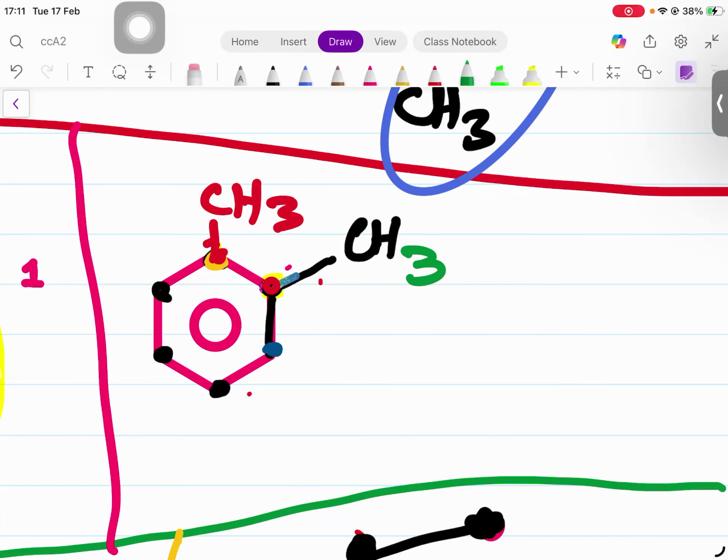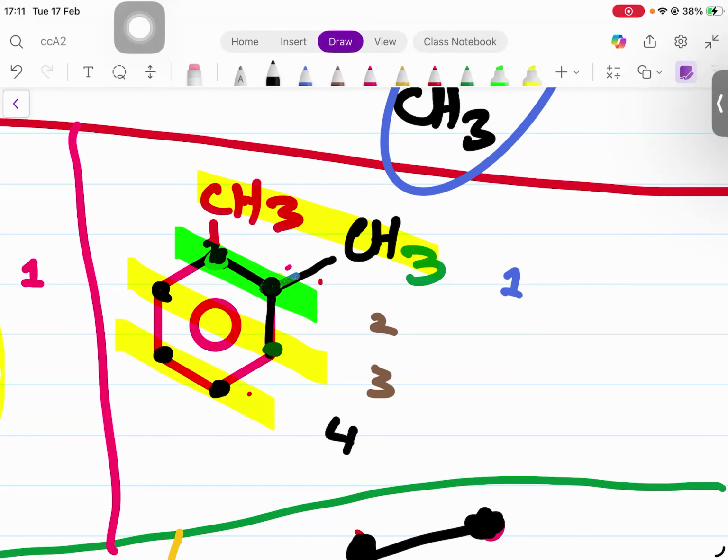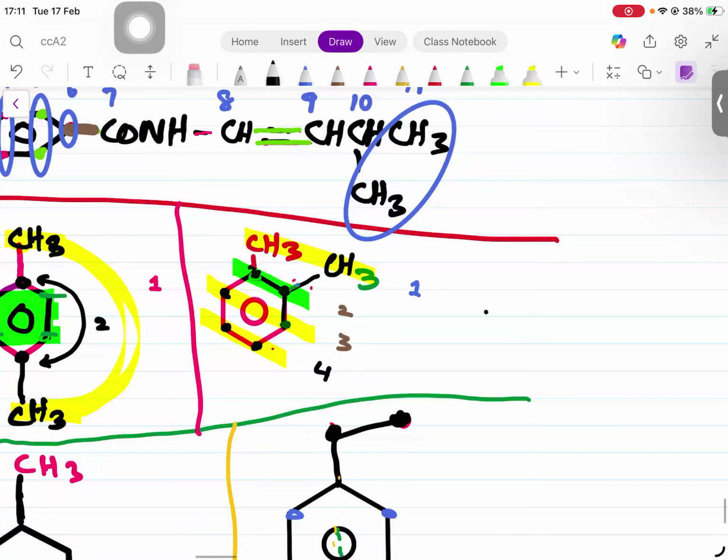Then the other attached to it. These 2 CH3 contribute to one peak. Then these 2 carbons with which these CH3s are attached contribute to one peak. The next 2 carbons, which I always tell you, contribute to one peak, 3, and then the next two carbons contribute to 1 peak, 4. Yes, you are right. Well done. 4 peaks.